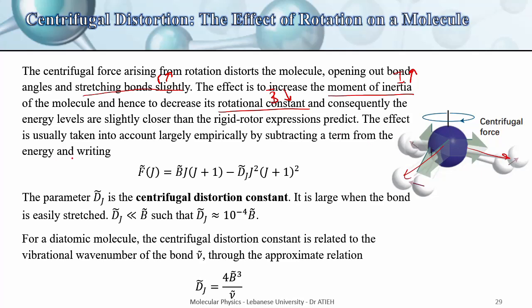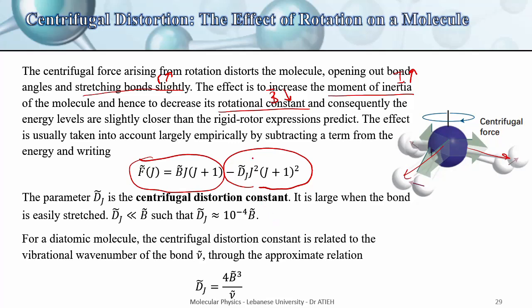The effect is usually taken into account largely empirically by subtracting a term from the energy and writing. So this is the energy, expressed as a wave number, for a rigid rotor, and this part is called the centrifugal distortion, which is due to the centrifugal force.